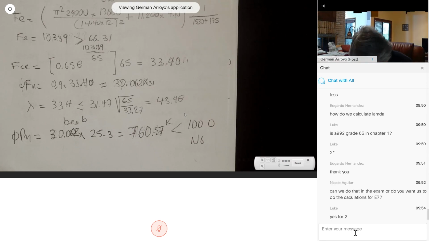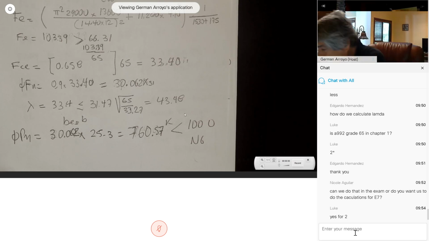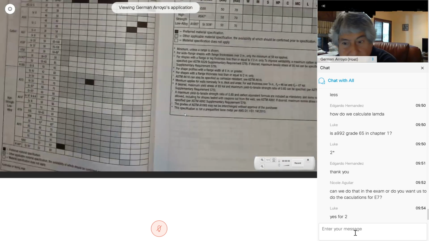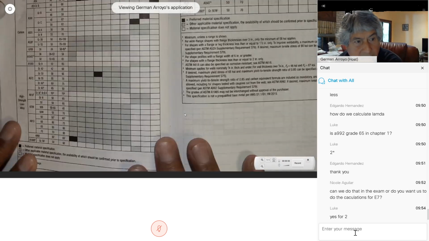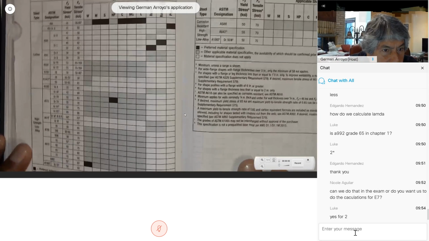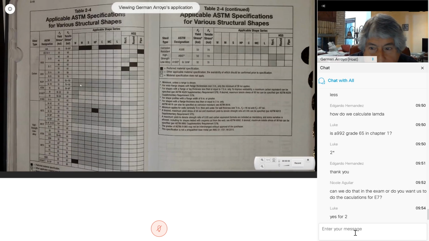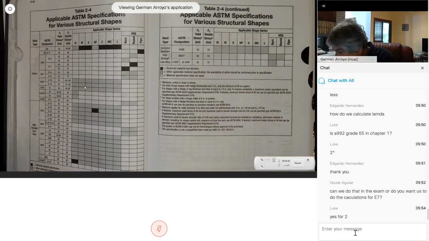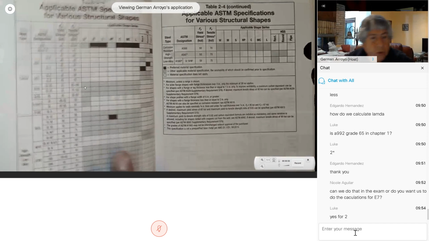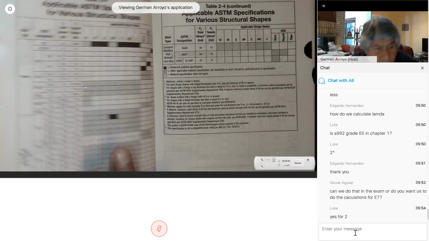Chapter 2. Okay. So in chapter 2, we had this table for structural shapes. Right? In this table of structural shapes, you should find everything you're looking for.